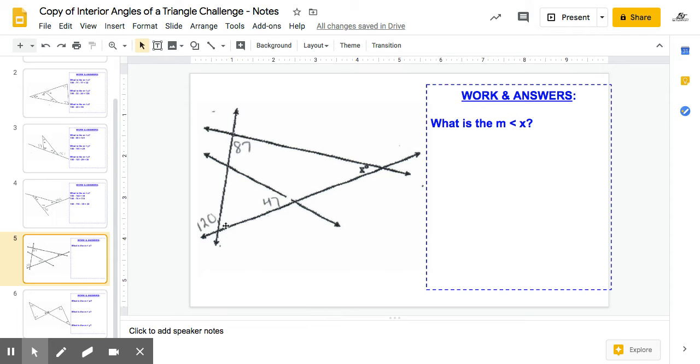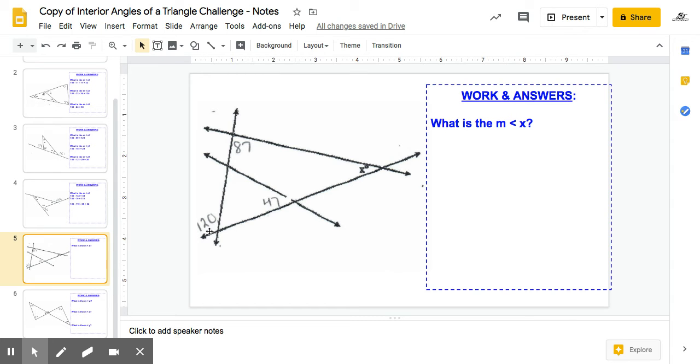I'm going to find the measure of this angle right here because angle X is in this larger triangle. If I find the measure of this angle here, I can simply use the fact that the measure of all interior angles of a triangle have to add up to be 180 degrees. So I have enough information to find this angle because I gave you this angle outside the triangle.